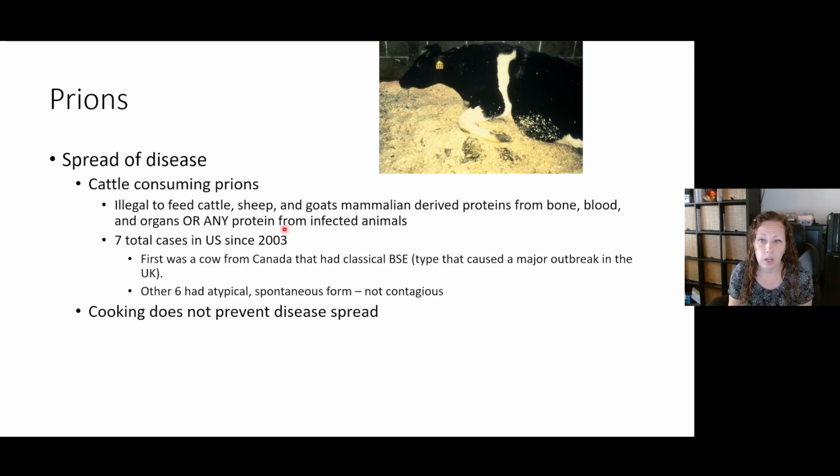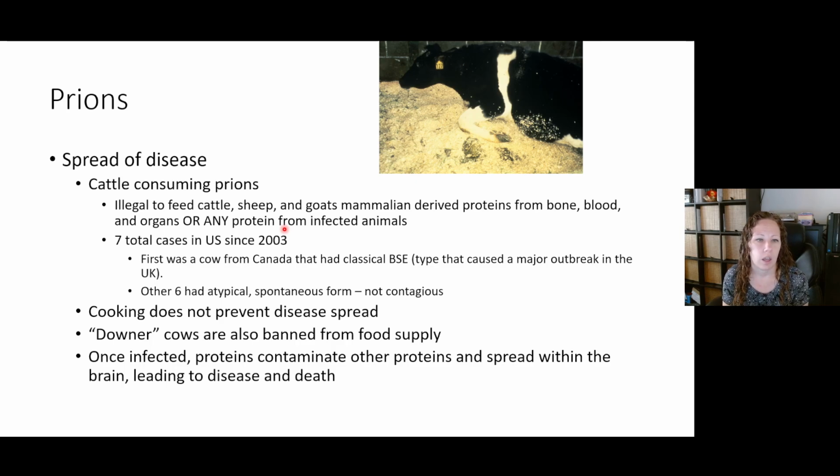So the key thing here with prions is that cooking does not help, obviously, or so many people wouldn't have been sick. Also, downer cows are banned from the food supply, and how this works in your brain is that once you're infected, the prions in your brain contaminate other proteins, and it spreads within the brain.